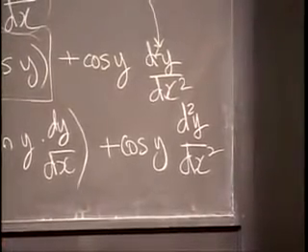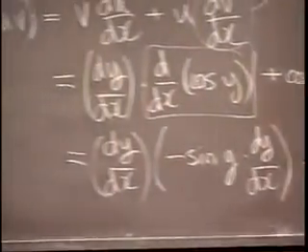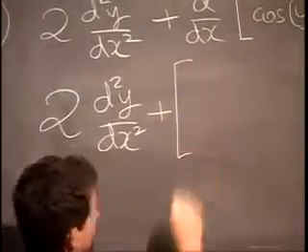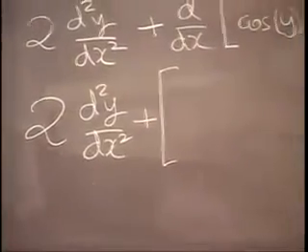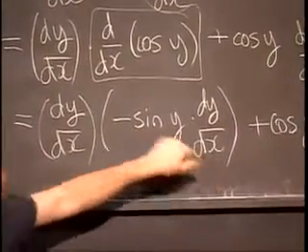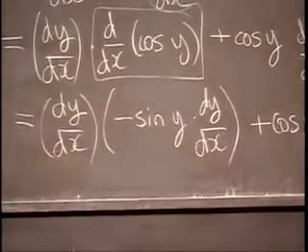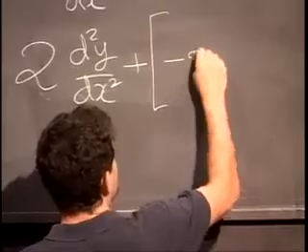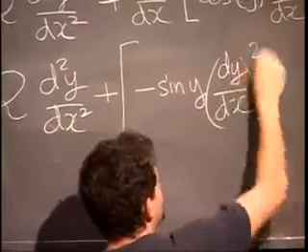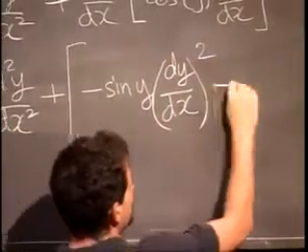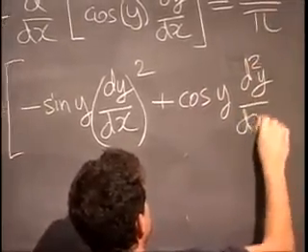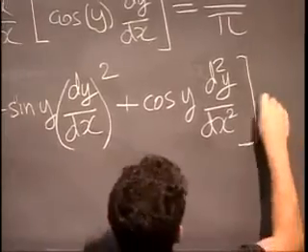So I'm going to come back and insert this over here. 2 times the second derivative plus junk. What is the junk? I simply need to copy it over here. Let's just focus for a second on this first term. We have a minus sine y, we have a dy dx, and another dy dx as a factor. So if we come back over here and write that down as minus sine y times dy dx all squared, because we have two factors of dy dx. And then I'm just going to copy the other factor, cosine y d2y dx squared, and that is equal to 2 over pi.